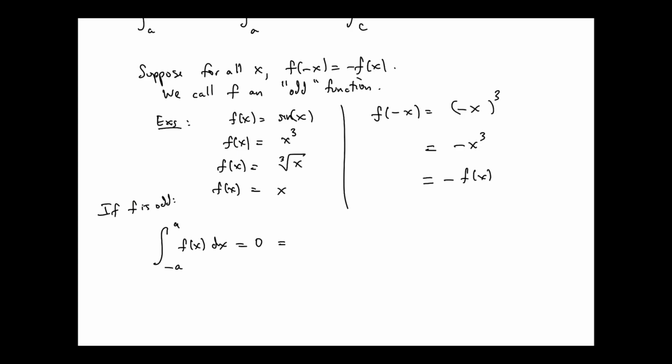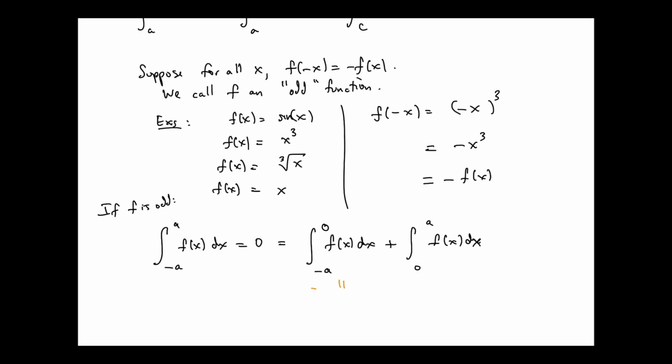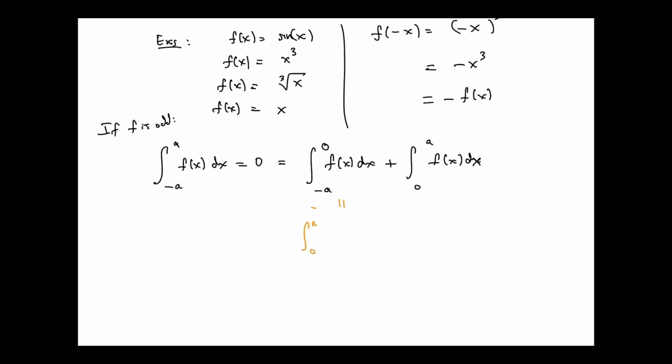The reason is that this area is this plus this, and those two things cancel out, because the integral from -a to 0 is the same as the integral from 0 to a of negative f of x dx, by the property of being odd. The orange part and this other part are literally the same thing, just one of them has a minus sign in front. So if you add them up, necessarily they cancel.